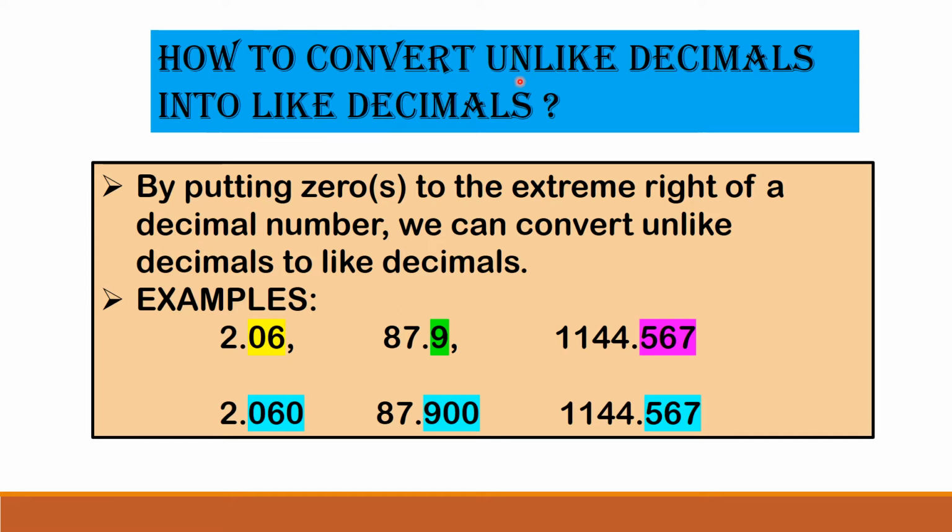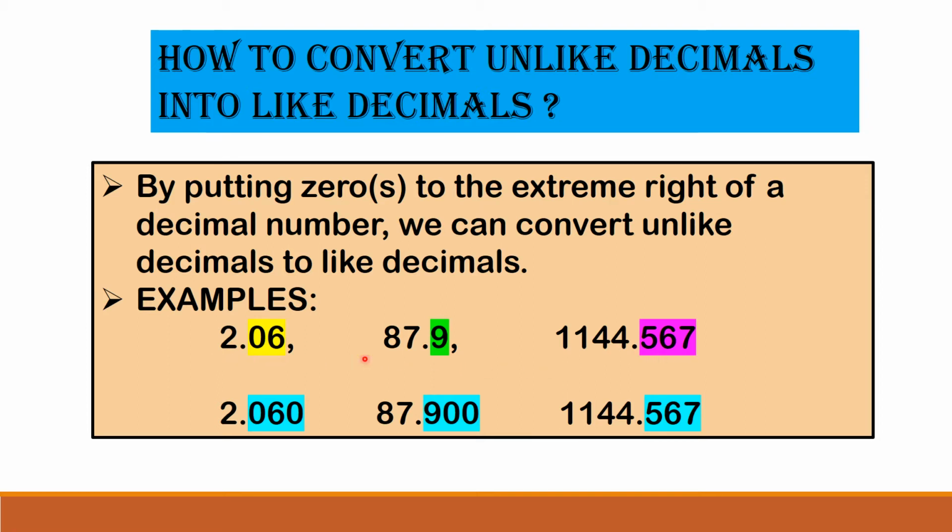How to convert unlike decimals into like decimals? You can convert unlike decimals to like decimals by putting zeros to the extreme right of the decimal number. For example, you can see here 2.06, 87.9 and 1144.567.